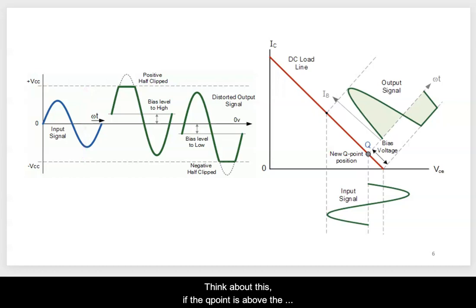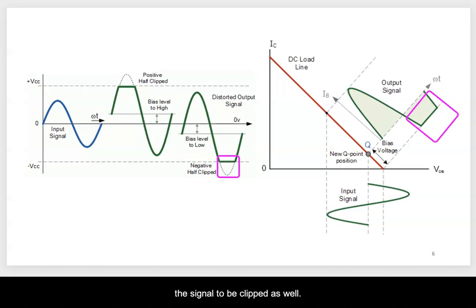If the Q point is above the center of the load line, the input may cause the transistor to saturate. Hence, parts of the output signal will be clipped off. But if the Q point is below the center of the load line, the transistor may go into cutoff and cause a portion of the signal to be clipped as well.